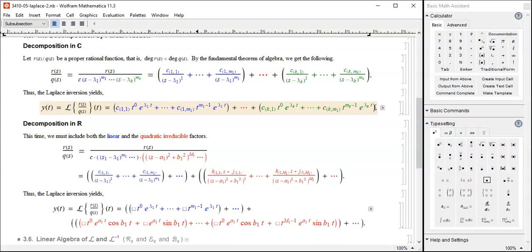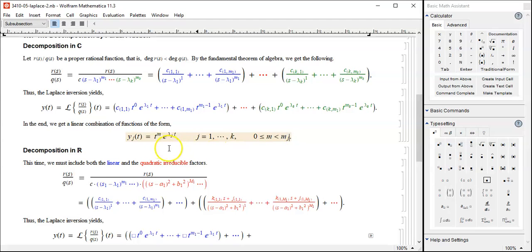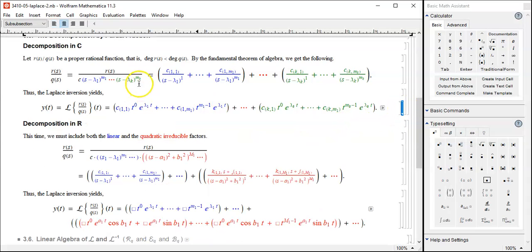Any solution can be written as a linear combination of these, and these are the so-called basis functions. Start from some blues, then some other colors, and in the end some greens. In total, there are precisely n of them because these powers add up to n.